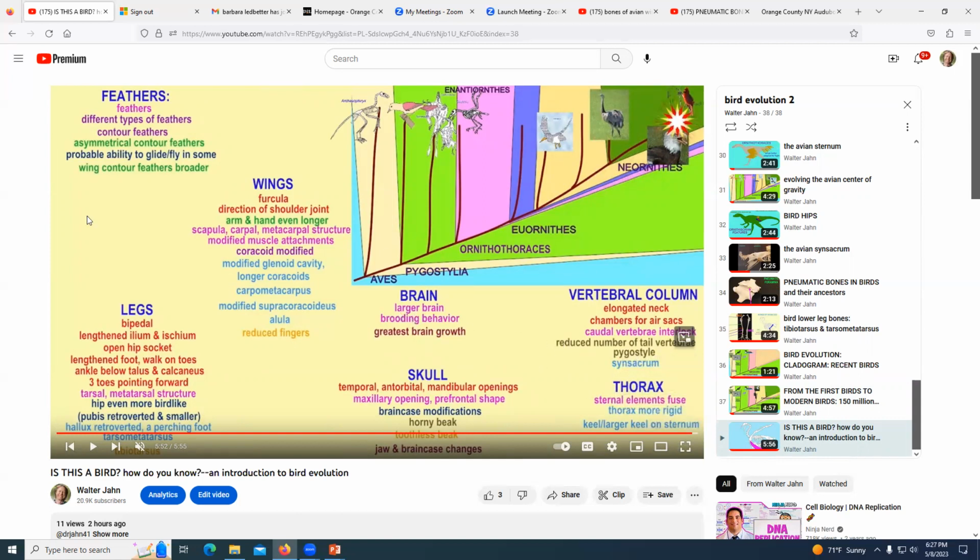So, as we look at these features, some were added in the early theropod dinosaurs, the later theropod dinosaurs, the first birds, et cetera. Each of these different colors refers to a different branch point here. Modern birds were well over 200 million years in the making.